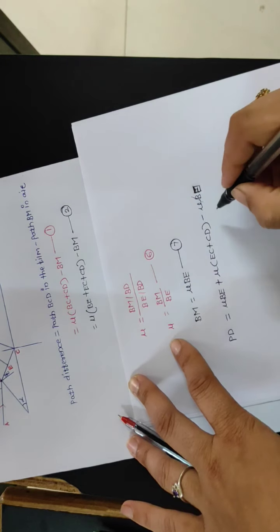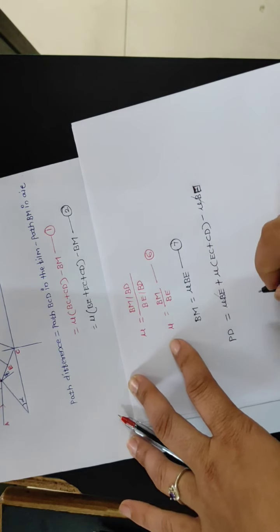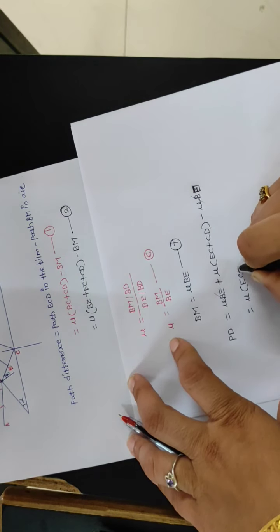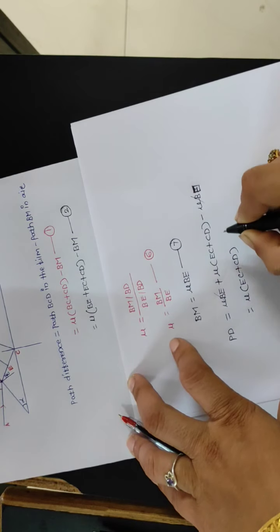Now here mu BE will get cancelled. So we can write this equation, path difference is equal to mu into EC plus CD.